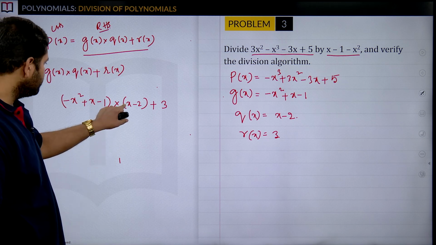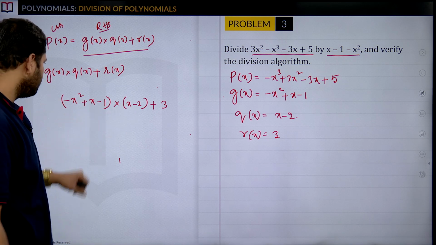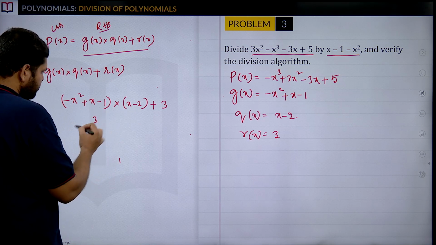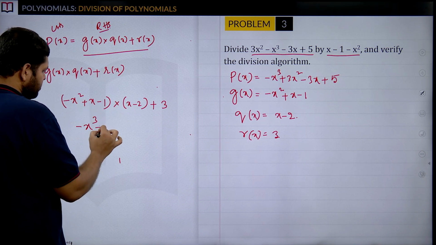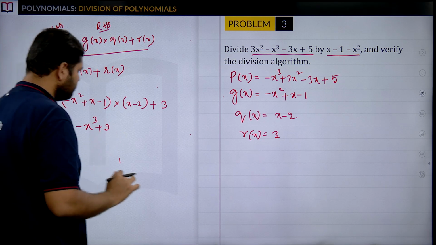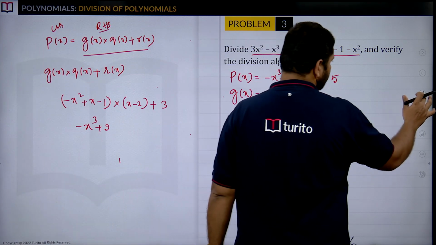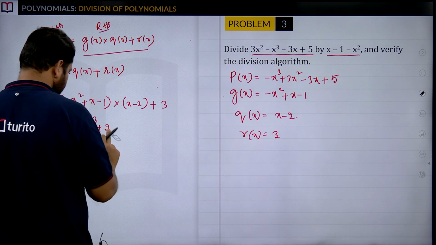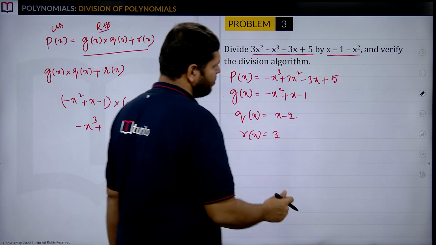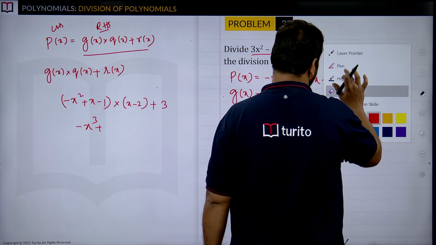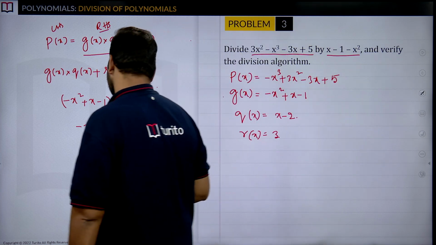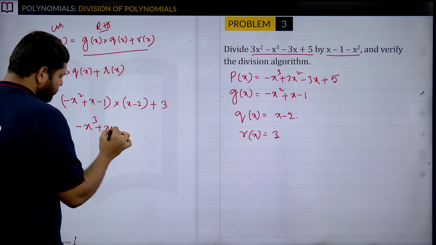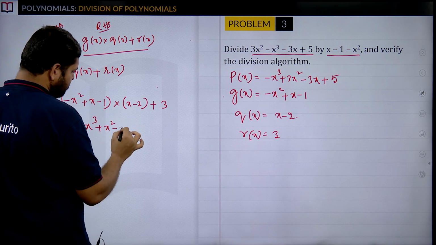Now children, multiply x with the complete term, then minus 2 with the complete term. So x into minus x square is minus x power 3, x into plus x is x square, x into minus 1 is minus x.